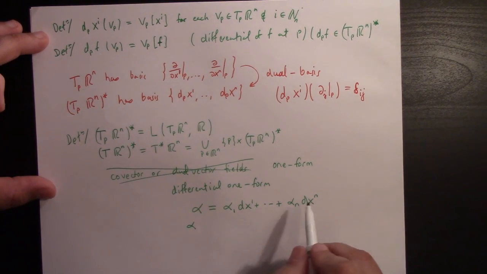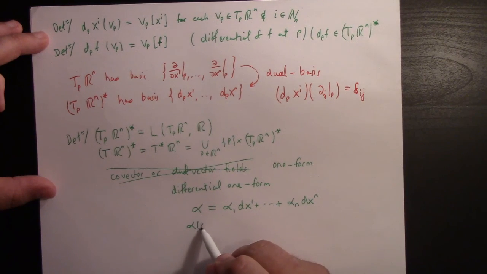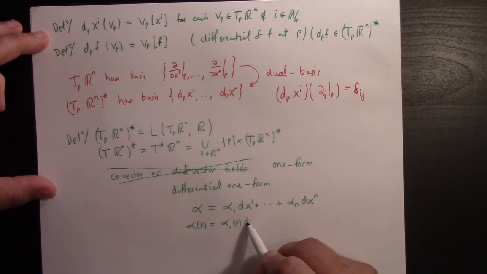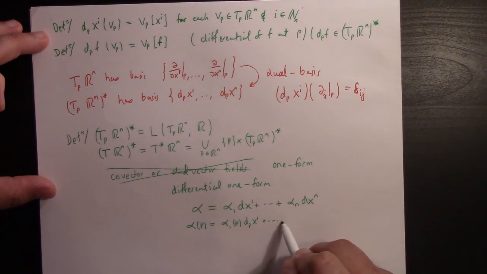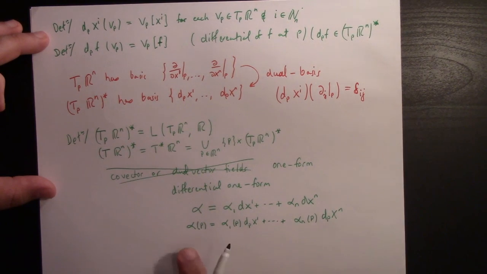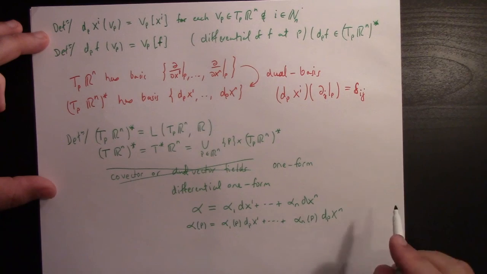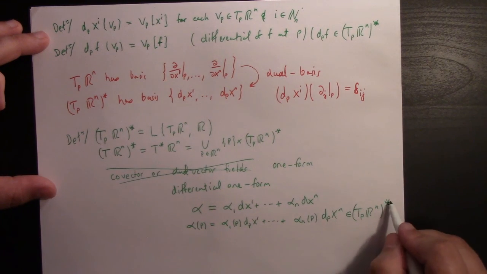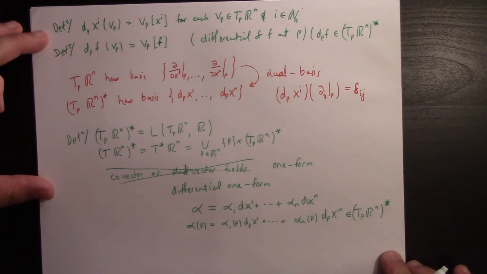And alpha at p, of course, is the assignment of this one form; alpha at the point p gives me this specific dual vector in TpRn dual. Okay, great. So it's a one form, and we'll study those more in the next lecture.